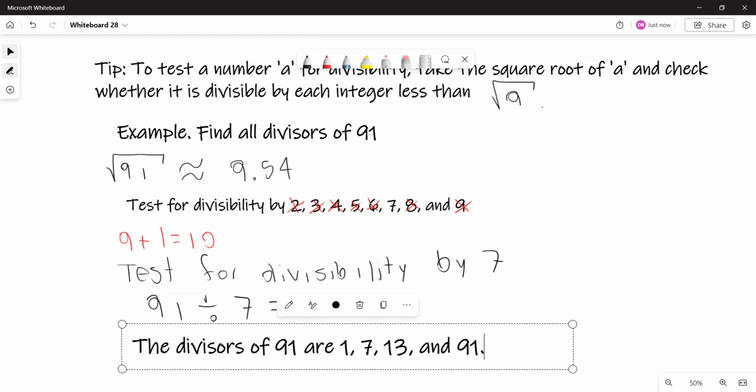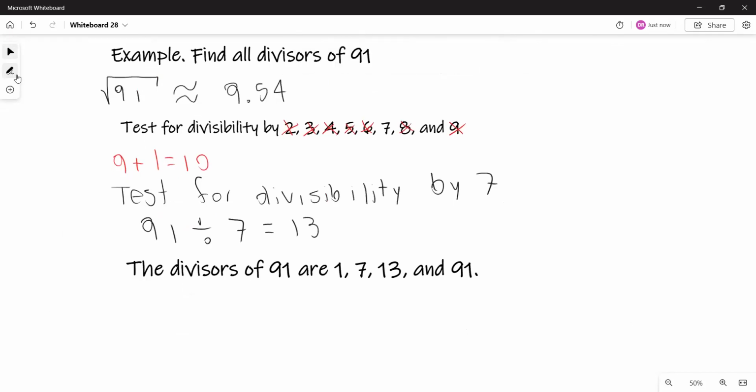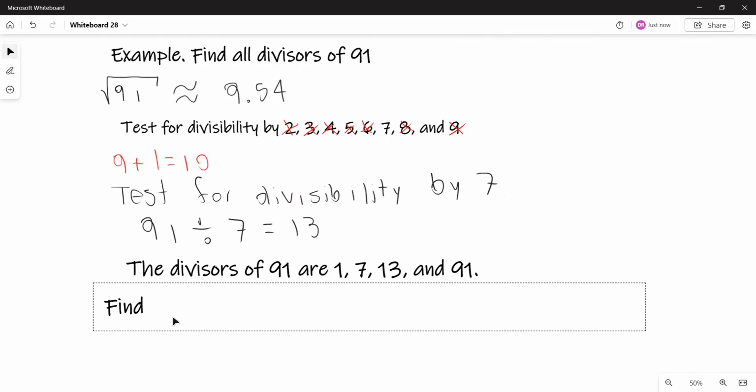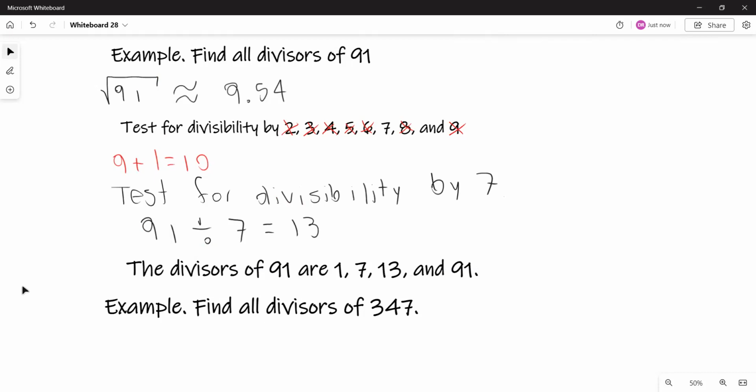And we're going to do the same for 347. Find divisors of 347, or determine that 347 is a prime number.